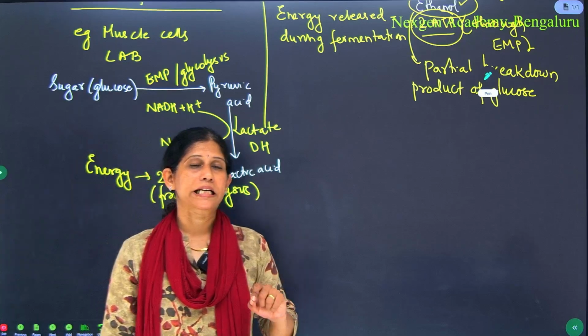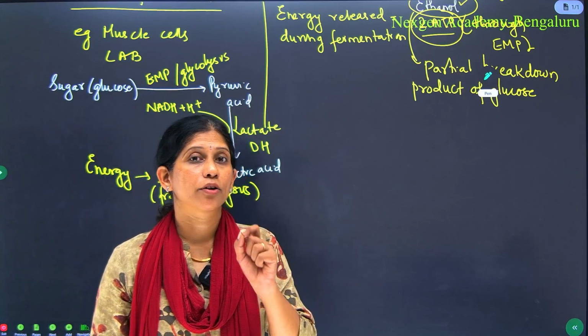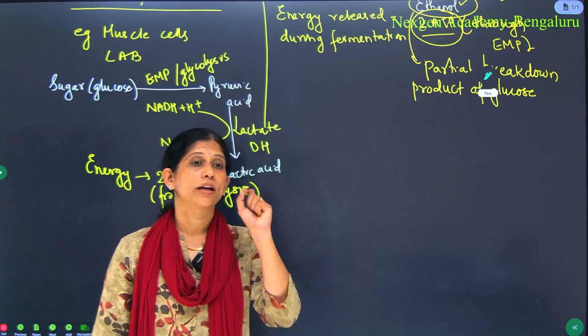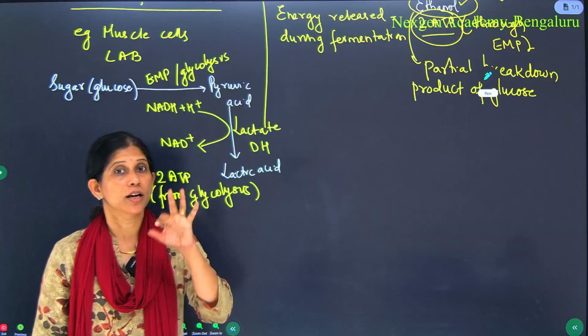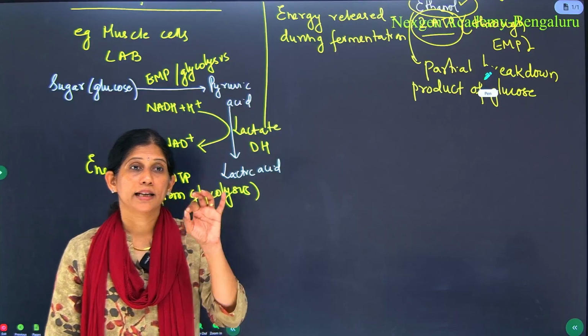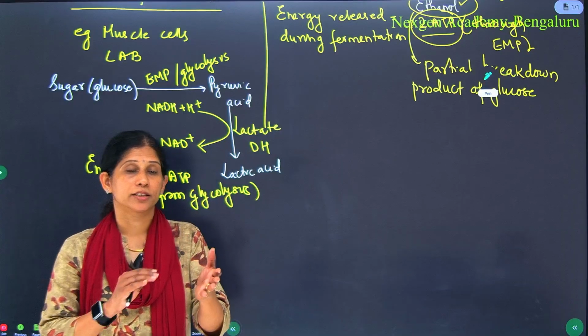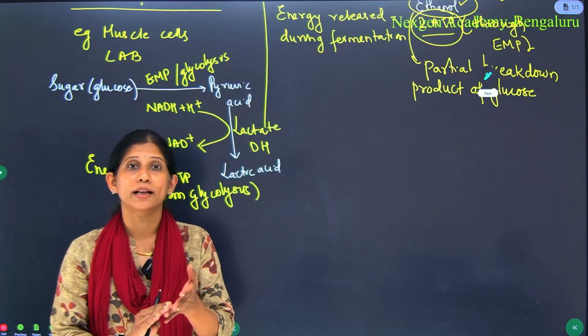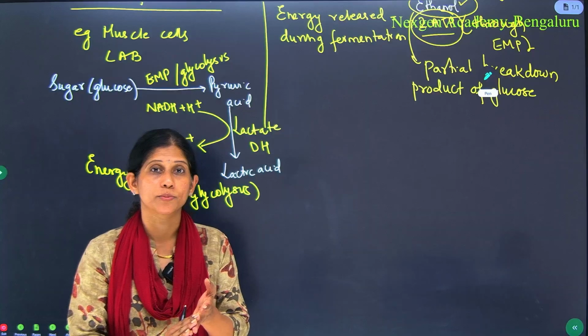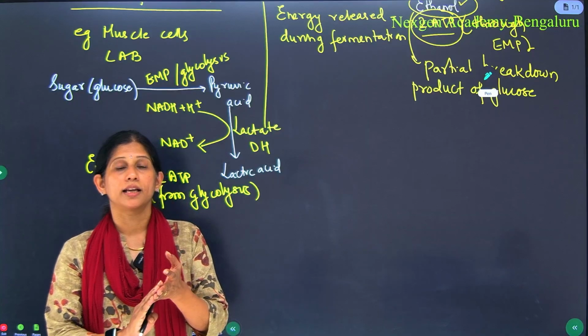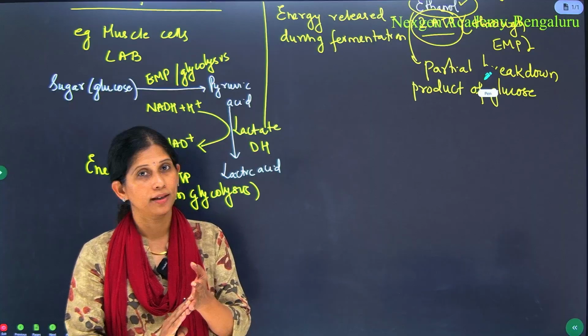In the previous class I told you the net gain of energy in glycolysis is only 2 ATP. Always remember, in anaerobic respiration there is no link reaction, no Krebs cycle, no electron transport system. All three are only part of aerobic respiration.